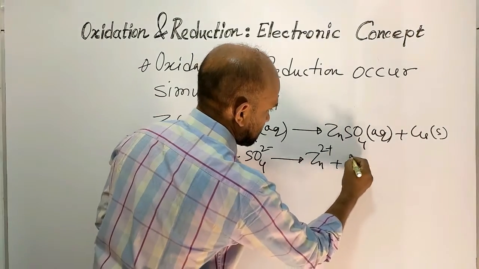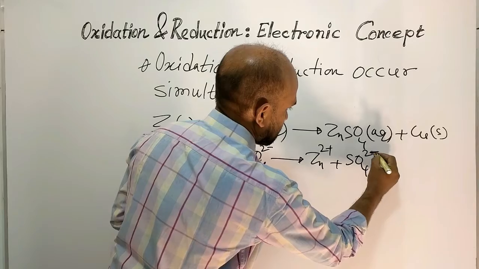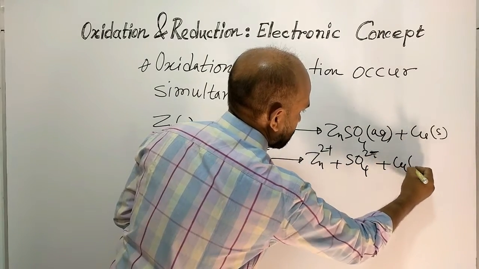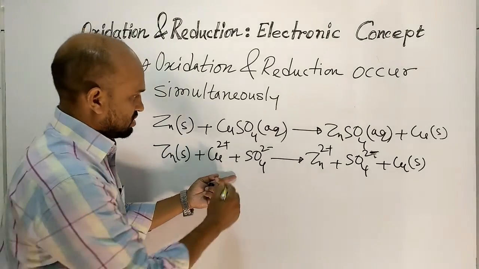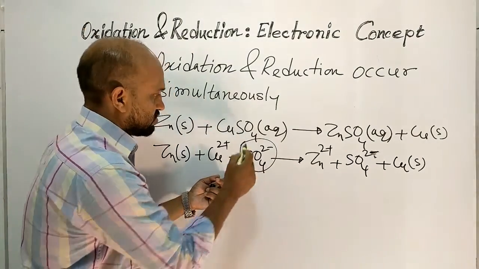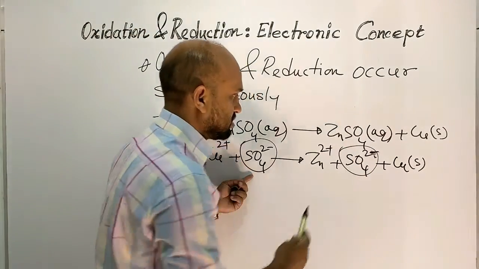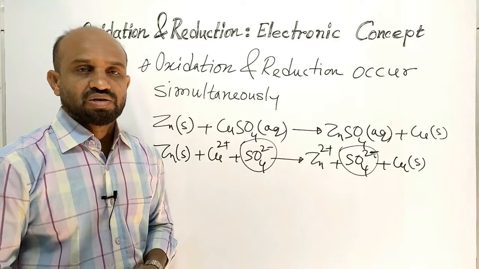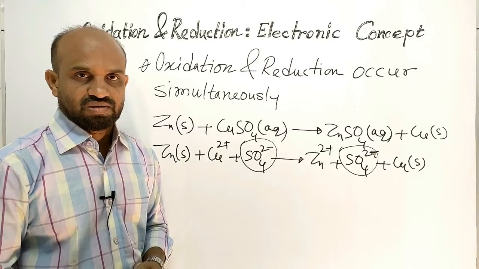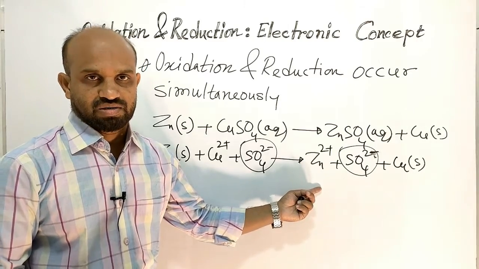Zinc 2 plus sulfate 2 minus plus copper solid. In this reaction we see sulfate before chemical reaction and after chemical reaction remains the same, which is called a spectator ion. So in this reaction sulfate is a kind of spectator ion.